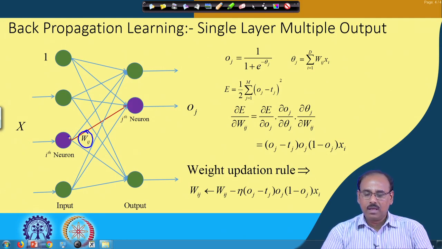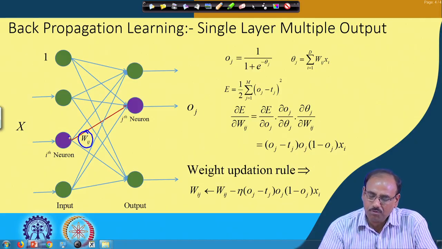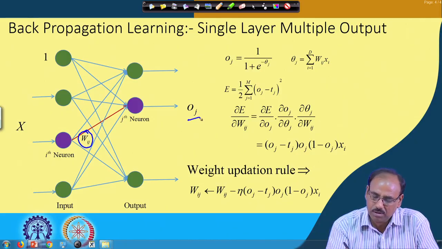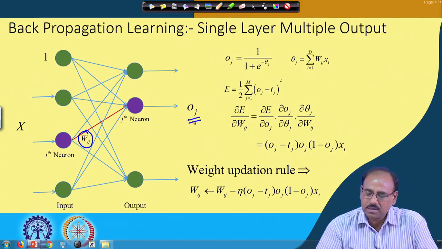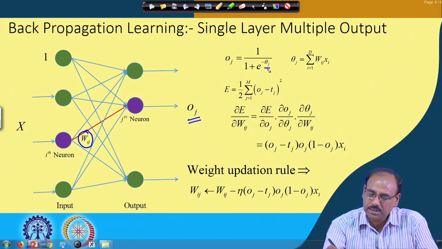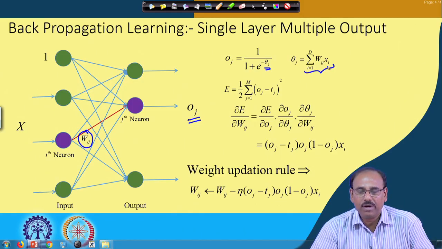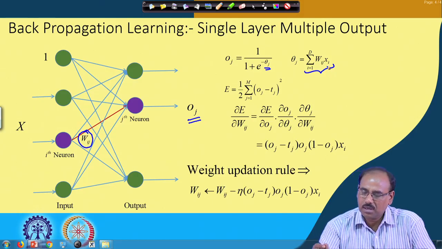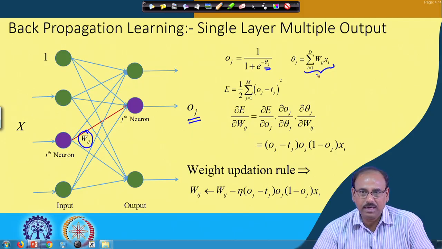As before, the output of the jth neuron, which we denote O_j, is a sigmoidal function of theta_j, where theta_j is the weighted sum of all the input feature components, or in other words, the dot product of the vector w_ij for all values of i with the input vector x.